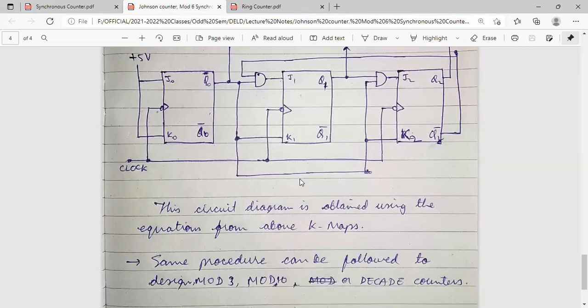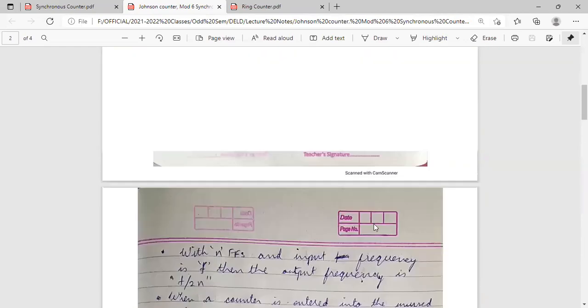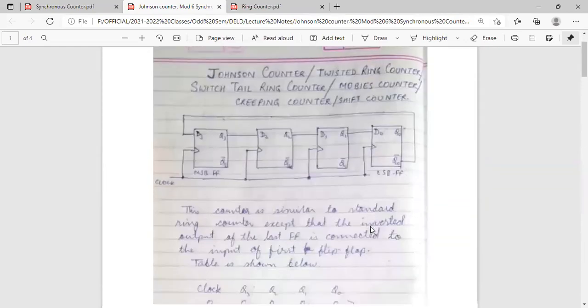In the same way, we can design other synchronous counters as well. The 10 counter is also known as a decade counter. Decade means 10, so 10 states will be there. Today we will see another type of counter, the Johnson counter.